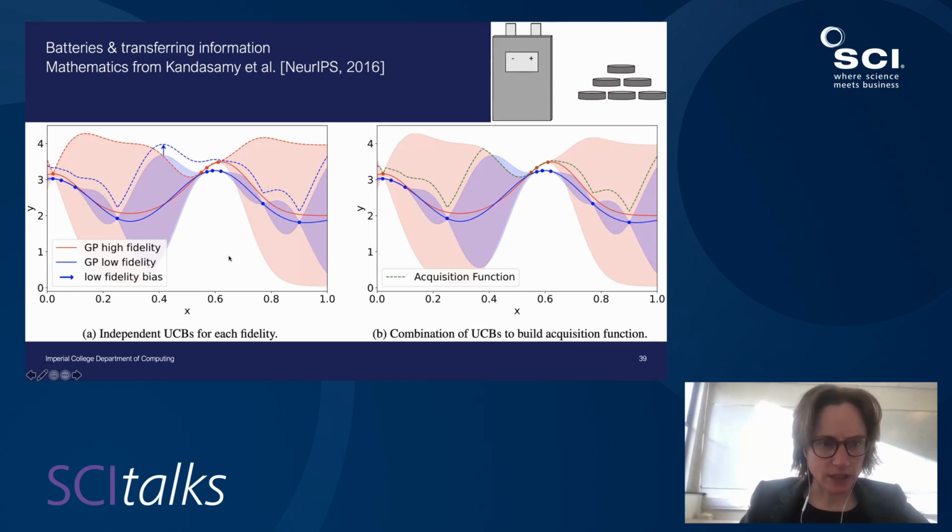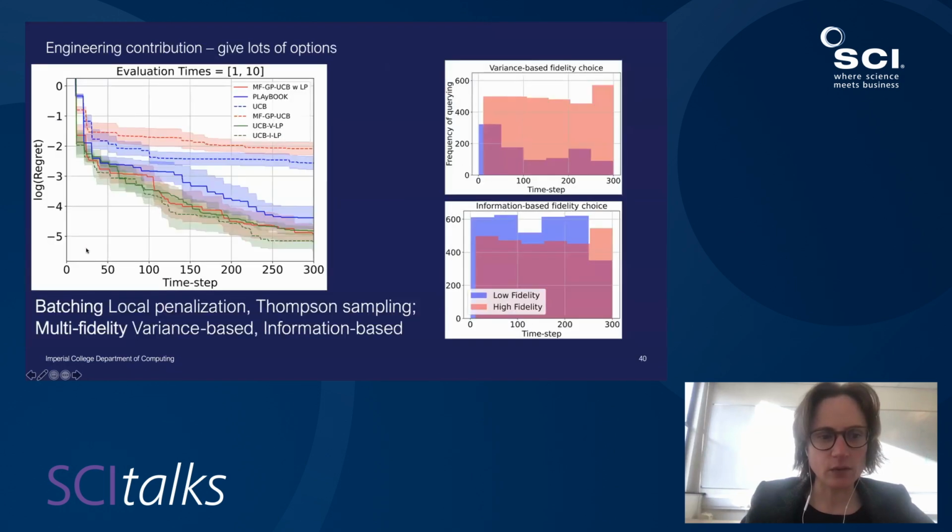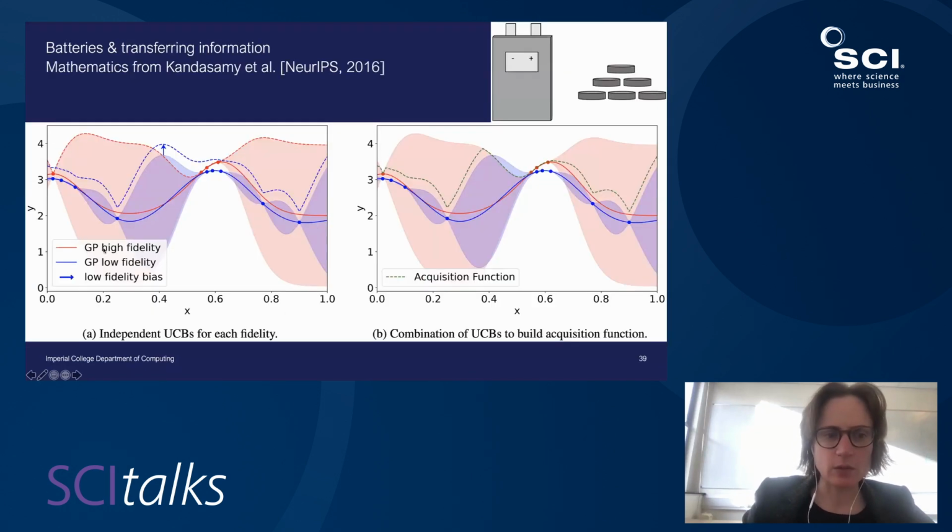What the previous literature said is basically, why don't we construct a data-driven model in red for the high fidelity? That would be the pouch cell, the pouch battery, the one that I want to make.